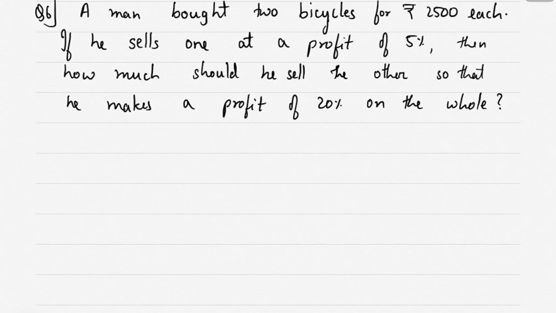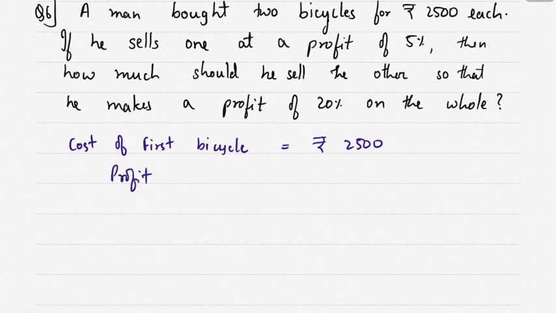Okay. So, let's write, cost of first bicycle. Cost of second bicycle is also 2,500 only, rupees 2,500. And he sells at a profit of 5%. So, profit is 5%.